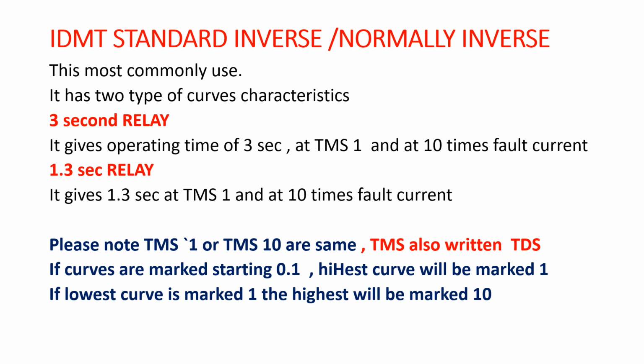So in some of the older relays, you will see that the curves are marked from 0.1 to 1 or from 1 to 10. But for the formula, you should consider the curves marked 0.1 and 1. So TMS will be 0.1, 0.2, 0.3, 0.4, 0.5, 0.6, 0.7, 0.8, 0.9, and then 1.0, that is 1.